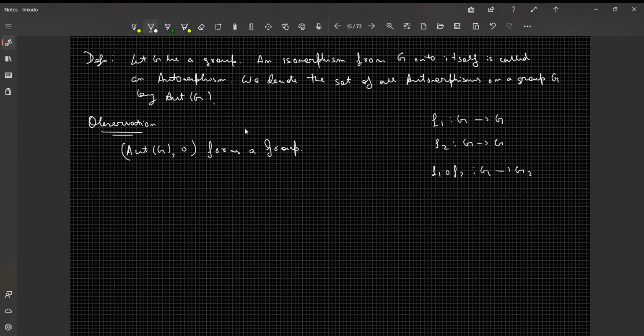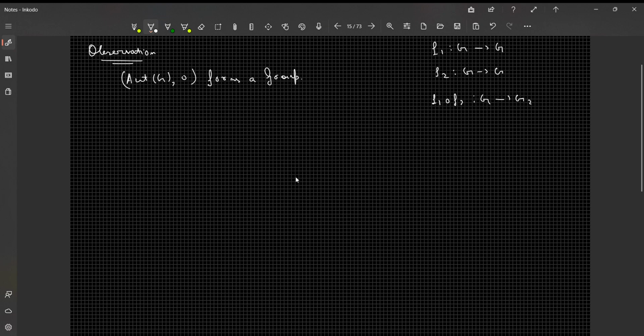Now what we try to do is bring together the concept of a group action and an automorphism. So let's declare it as a proposition.